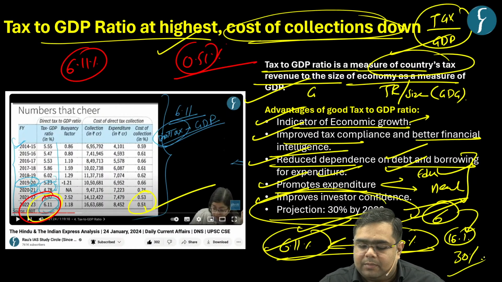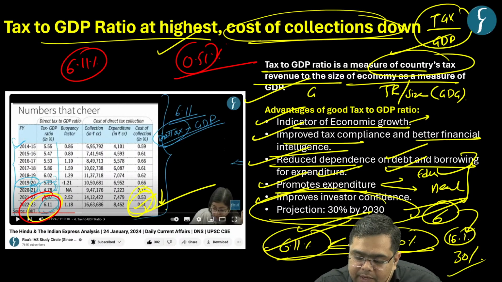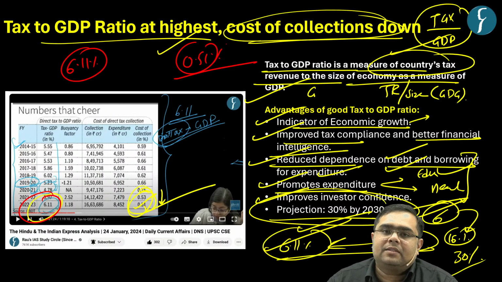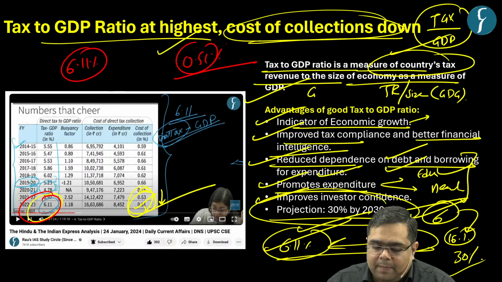That is our aspiration. But one noteworthy aspect is that the cost of collection has reduced substantially, from 0.66% to 0.51%. So this is an indicator of better tax administration in India.